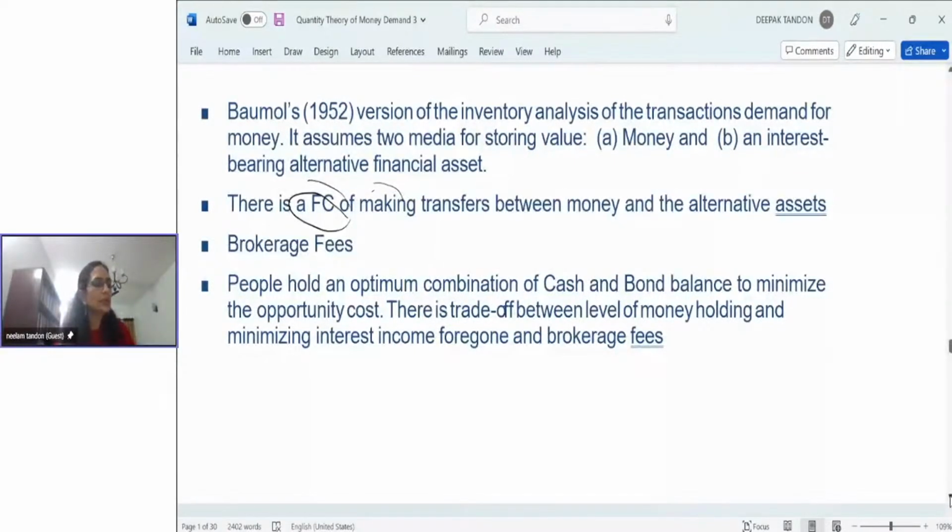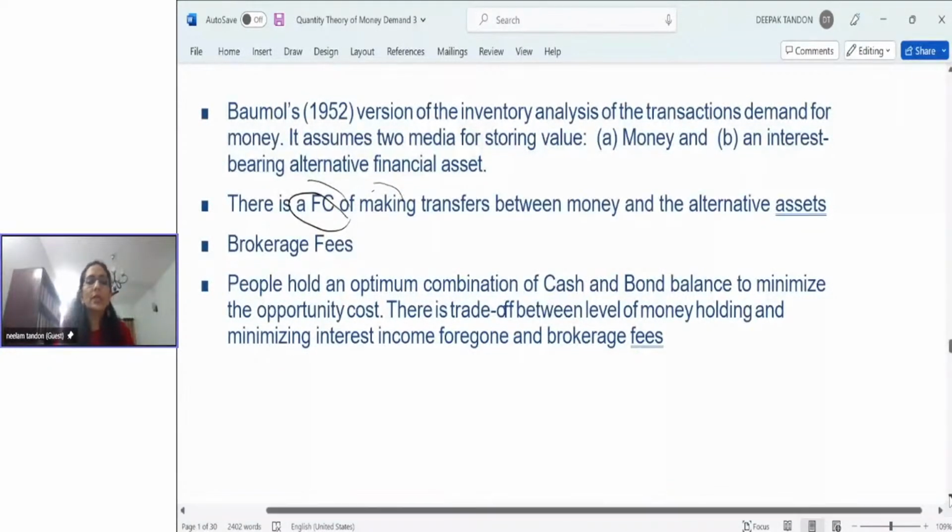So how is it different from what Keynes had proposed? It has included the component of brokerage fees, which Keynes didn't speak about, and the trade-off by interest income. So the interest income component, which was not taken care of prior, has been taken care of in this theory.